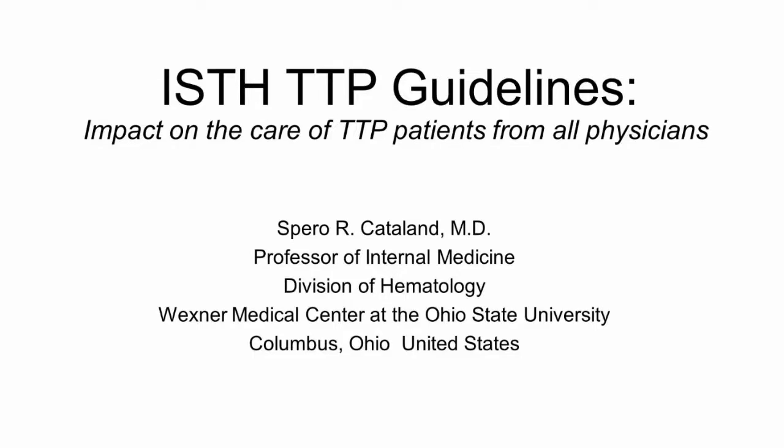Cataland. Dr. Spiro Cataland is a professor of internal medicine in the Division of Hematology at Wexner Medical Center at The Ohio State University. He is also the director of the Benign Hematology Program at Ohio State University. Dr. Cataland's clinical and research interests include thrombotic thrombocytopenic purpura and atypical hemolytic uremic syndrome, with an emphasis on immune-mediated TTP. Dr. Cataland directs the Biomarkers Reference Laboratory at Ohio State University that performs correlative laboratory studies for ongoing research.